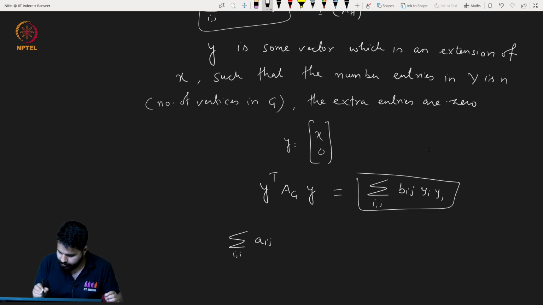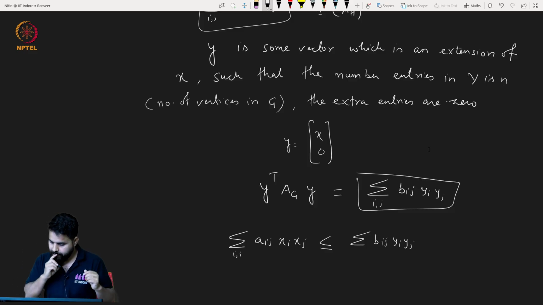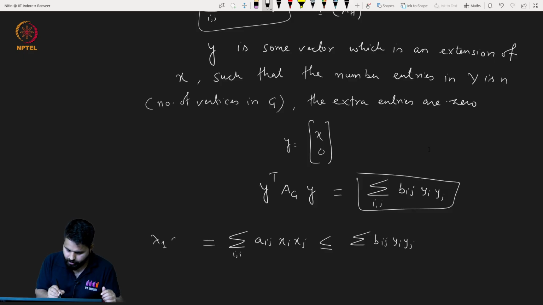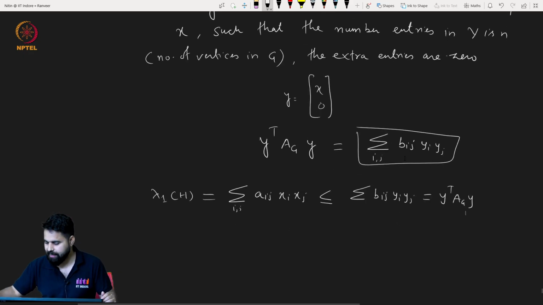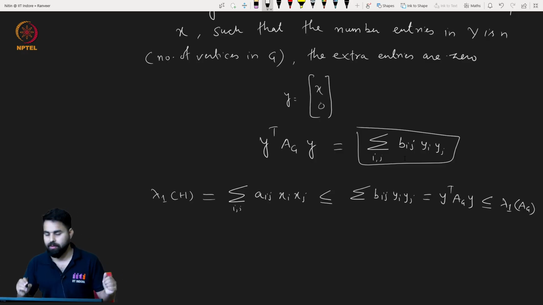So this quantity is very simple to follow: the summation over a_ij x_i x_j is always less than or equal to the summation of b_ij y_i y_j, and this quantity we already know is lambda 1 of H. And this quantity is equal to y transpose A_G y, and we have seen that for any vector this is always less than or equal to lambda 1 of A_G.